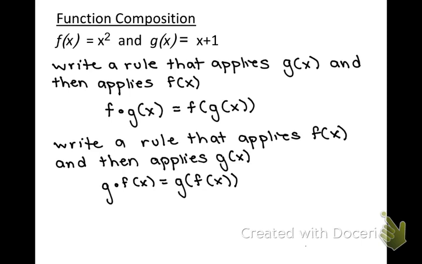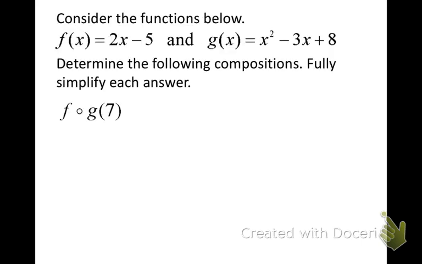Okay. Now again, we're just kind of talking generically here, but I want to give you some actual examples of this. So this time we're going to look at the function f of x equals 2x minus 5, and g of x equals x squared minus 3x plus 8. It says to determine the following compositions and fully simplify each answer.